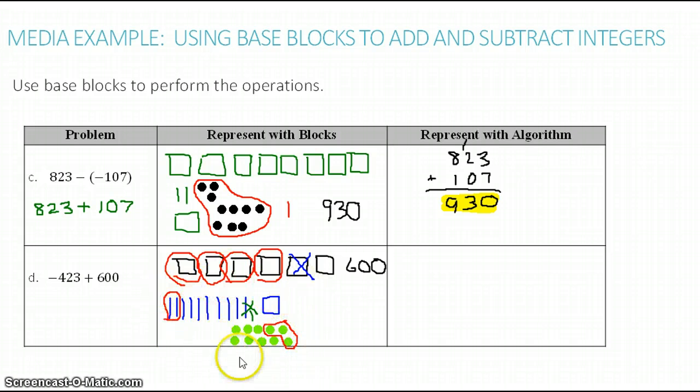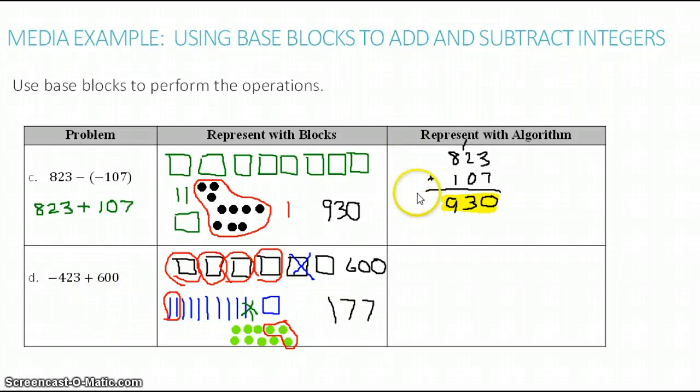And this here is our result after subtracting 423 from 600. We're left with 1 flat. We have 1, 2, 3, 4, 5, 6, 7 rods. And 1, 2, 3, 4, 5, 6, 7 units. So our result is 177. Since 600 is bigger in absolute value than negative 423, our answer is positive, and this will be our final answer.